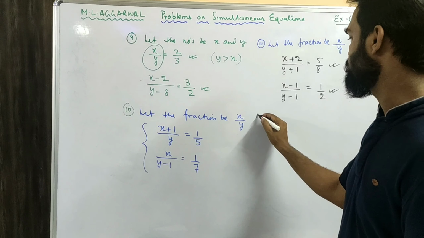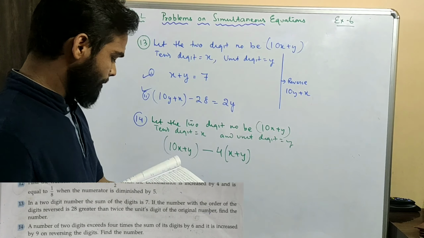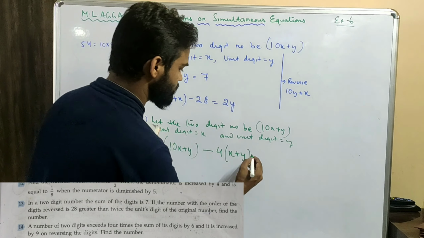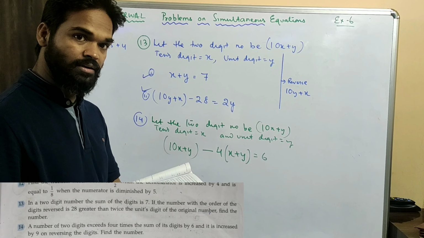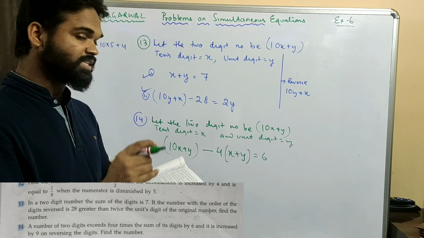Now let's read it. A number of two digits exceeds 4 times the sum of the digits by 6. Done. And it is increased by 9 on reversing the digits.